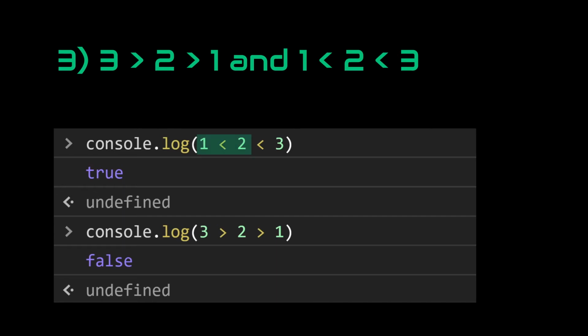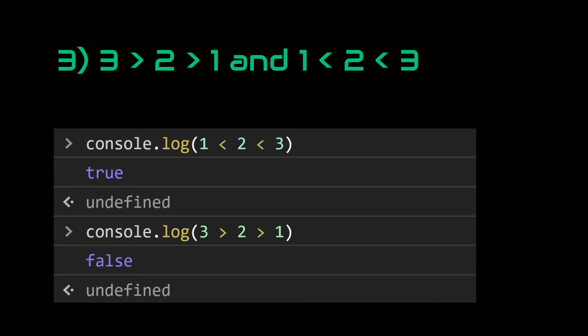So first we got 1 smaller than 2, which is true, and we know that true corresponds to 1. Then we got 1 smaller than 3, which is again true, so we end up with true. In the second case, we initially got true, however, then we got 1 smaller than 1, which is obviously false. Hence, the result is false.